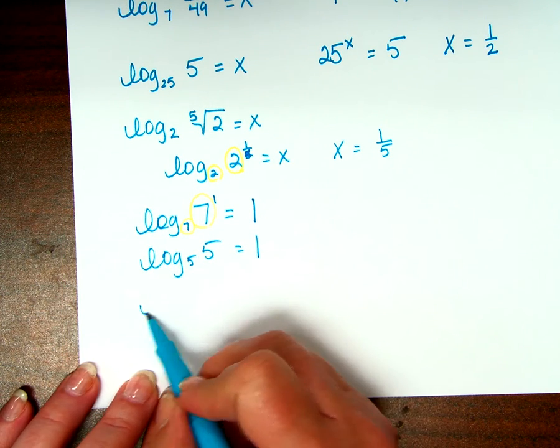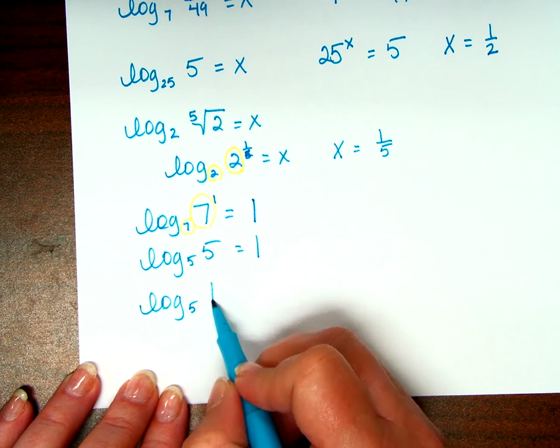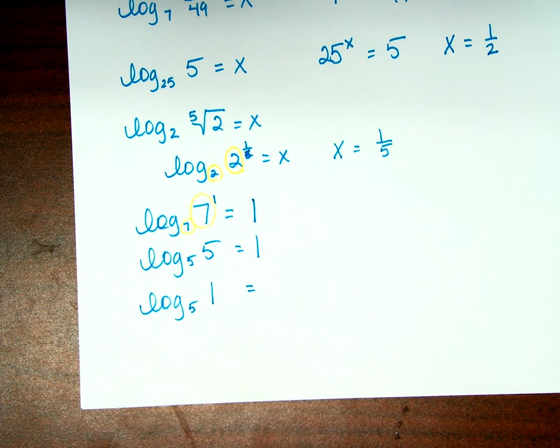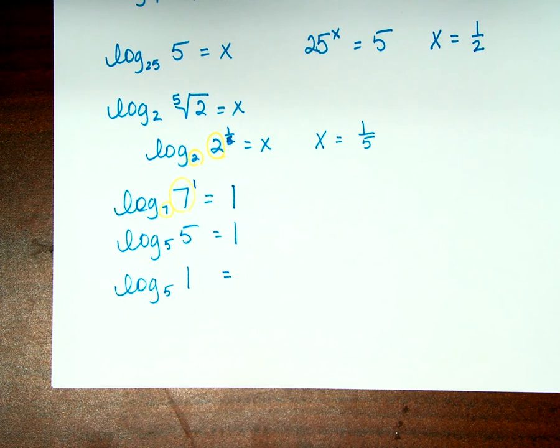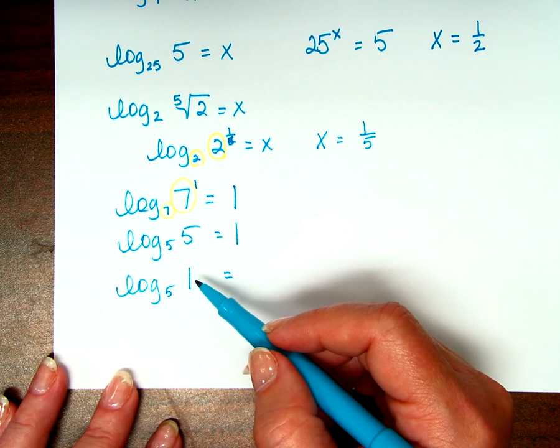Okay. Log base 5 of 1. So the bases aren't the same, so I can't know automatically that it's a 1, right?